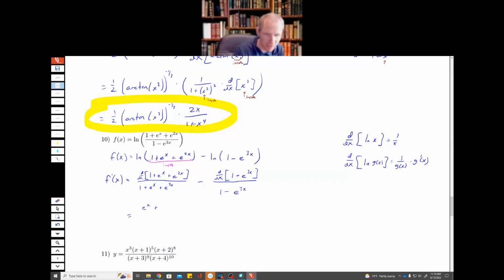Since the derivative of e to the x is e to the x, I'll just get e to the 2x times the derivative of the inside stuff. Same thing over here. The derivative of 1 is 0. So I have minus, and the derivative of e to the 3x is e to the 3x times the derivative of the inside stuff, so times the 3.